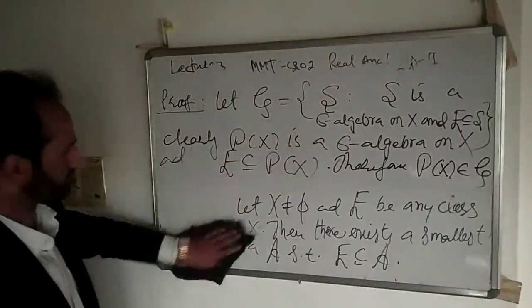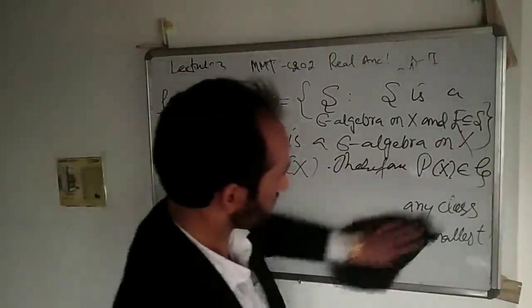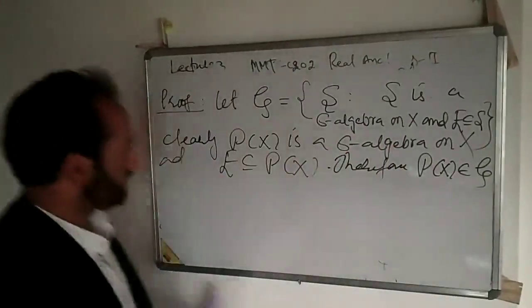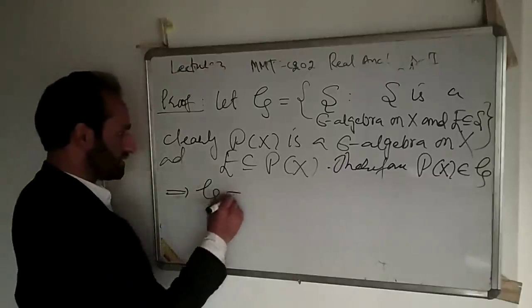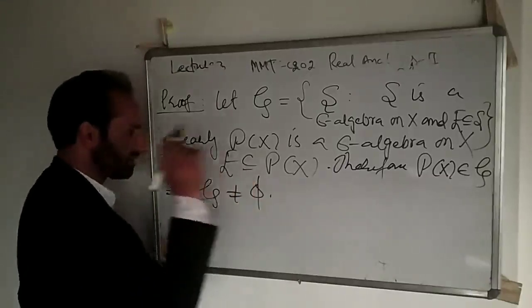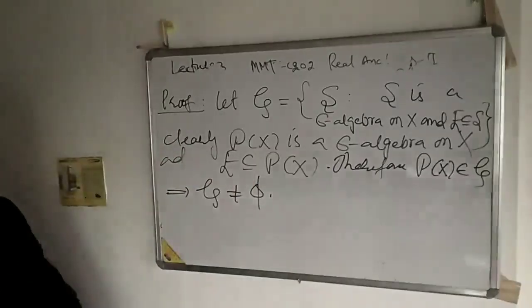It's non-empty. That implies this class is not equal to the empty set. This class has at least one member.